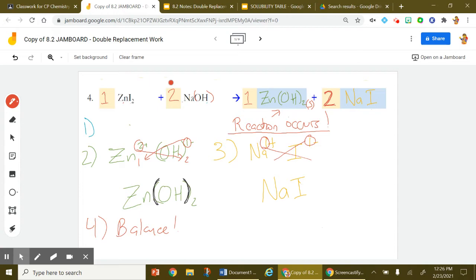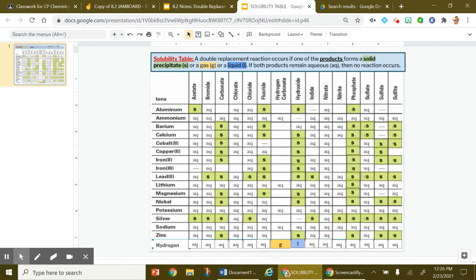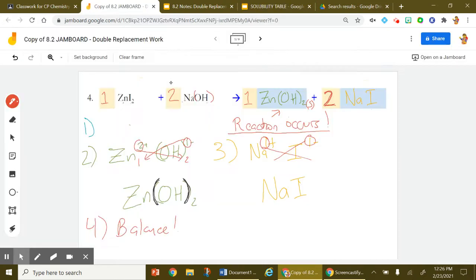Sodium iodide. I'm going to go to the solubility table that's attached to your homework and look up sodium iodide. We see right here that sodium iodide does dissolve in water. So I would just write here, let's change my colors for fun, sodium iodide does dissolve in water.